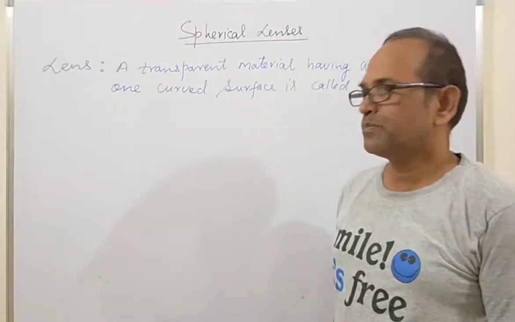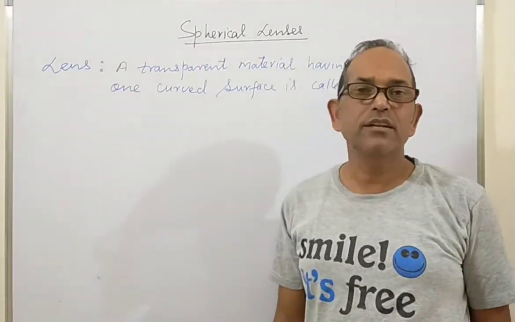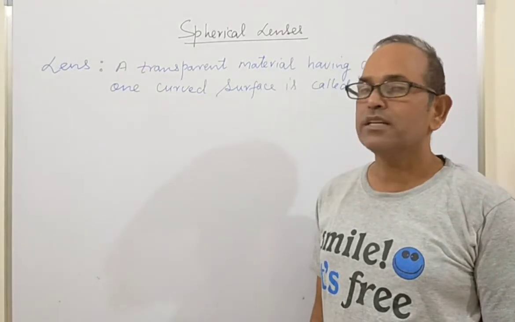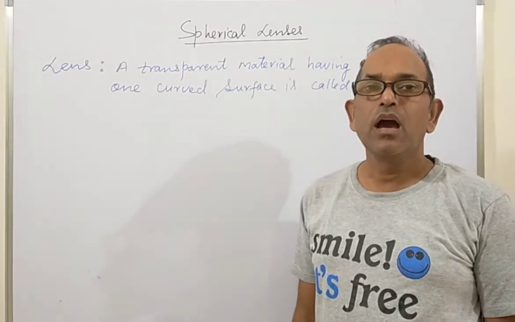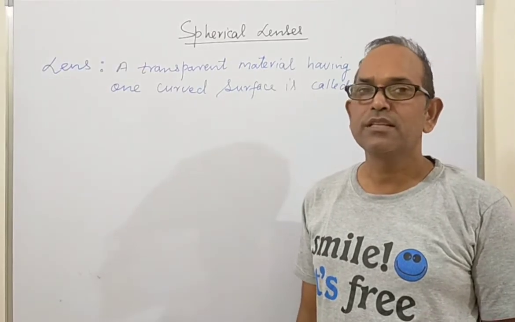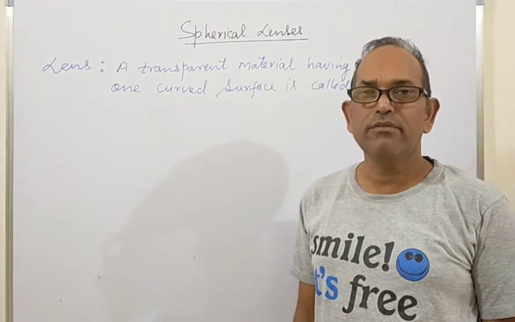So, students, as we discussed in reflection of light about mirrors, when the reflecting surface is externally bulged, then it is called convex. When the reflecting surface is internally curved, then it is called concave.